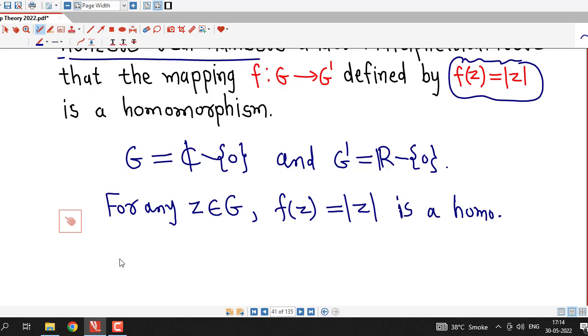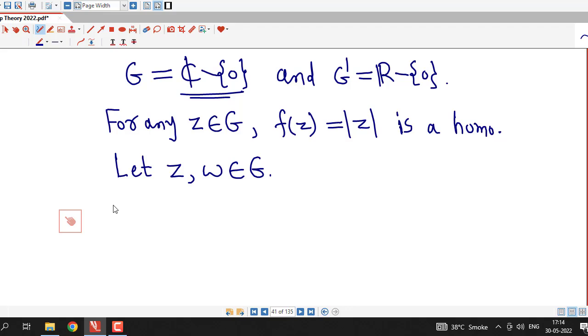So we start by taking two elements in the domain. Here the domain of the function is G, the set of non-zero complex numbers. So we start by taking two non-zero complex numbers. Let z, w be two non-zero complex numbers.